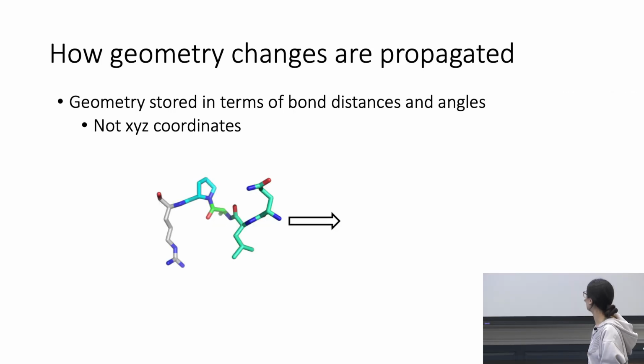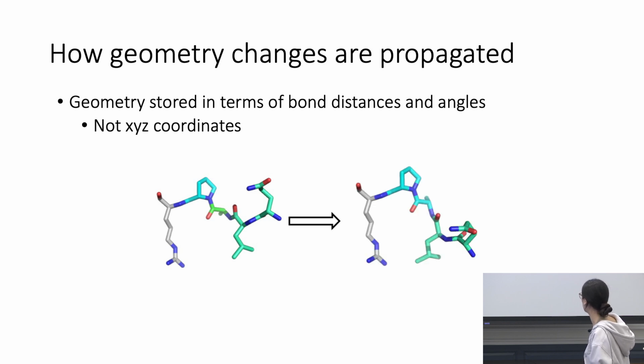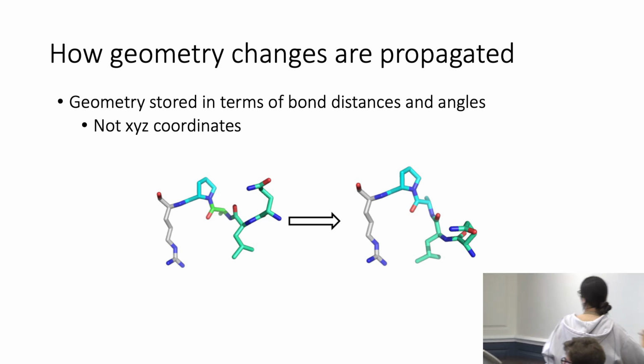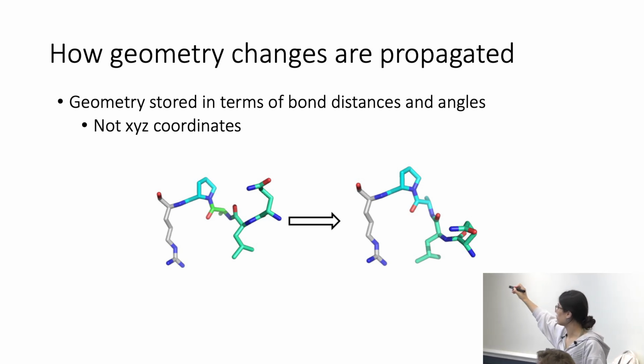The way the geometric changes are propagated in PyRosetta is not based on, let me go backwards a little bit, it's stored not in terms of your coordinate system and the XYZ coordinates for each of the atoms, but rather the bond distances and angles.